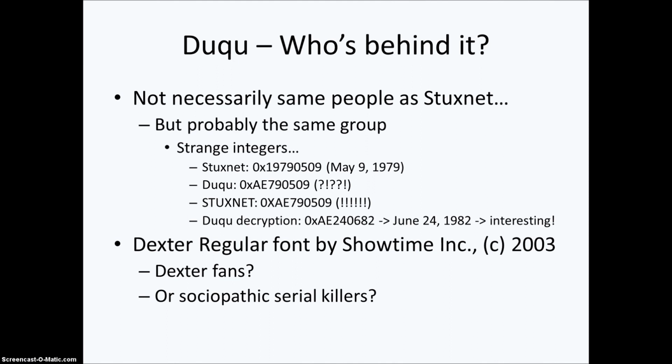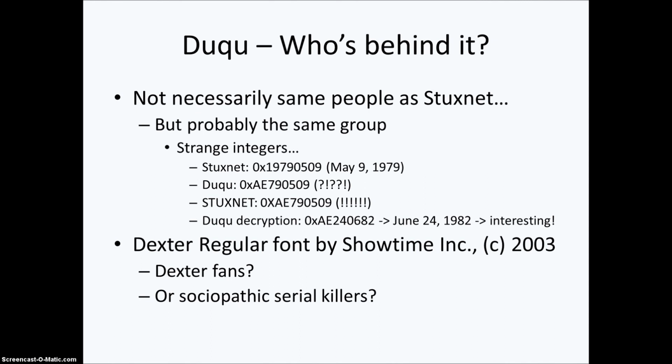Just a random example: Stuxnet has a constant integer representing the date of May 9, 1979. On that date, a prominent Jewish businessman from Iran was executed by a firing squad in Tehran. Duqu has an integer that's very close to that date.